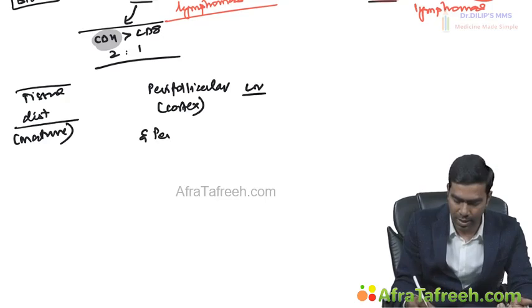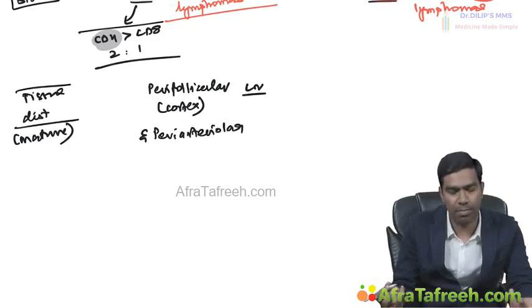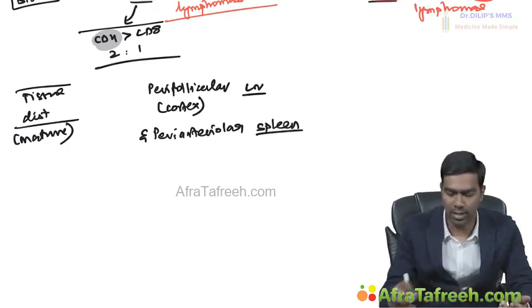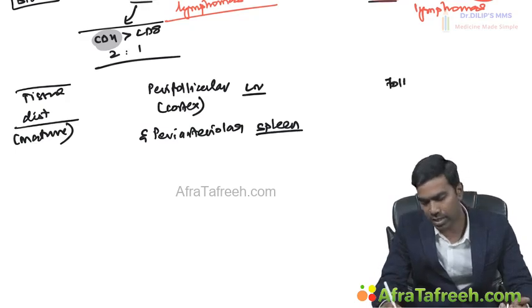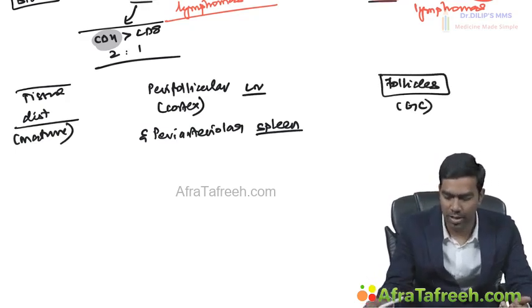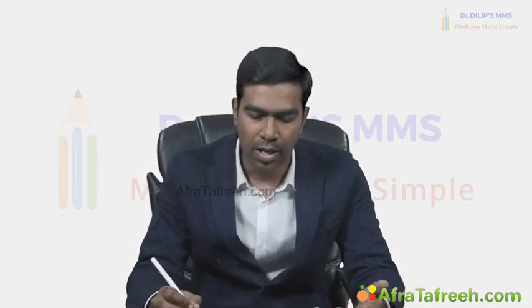And typically you will see them in the periarteriolar area of the spleen. Periarterial lymphatic sheath, the so-called PALS, is where you see the T cells in the spleen. Whereas B cells are typically seen in the follicles, or simply you can call it the germinal center.